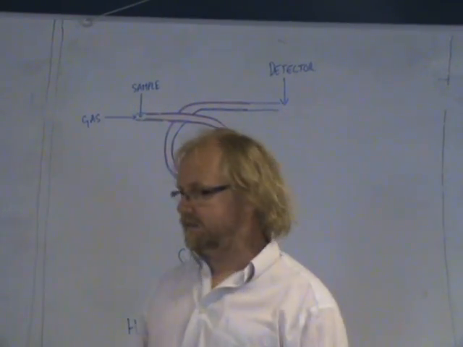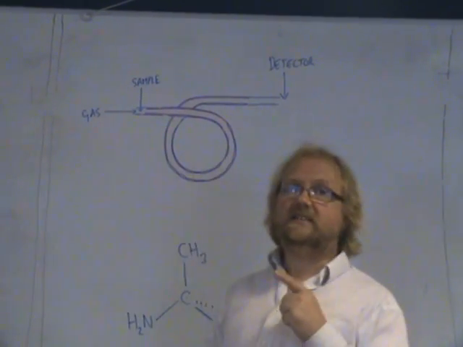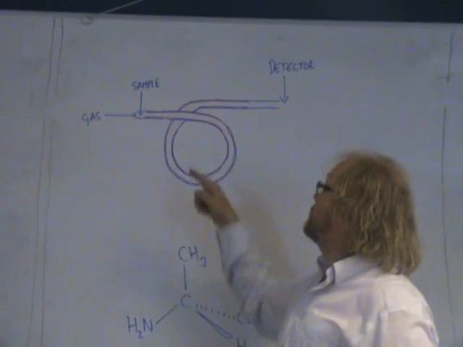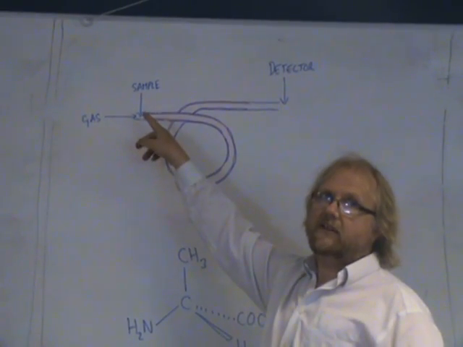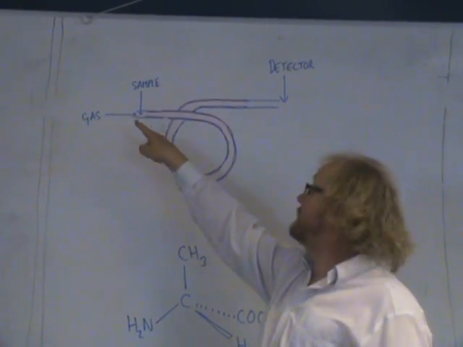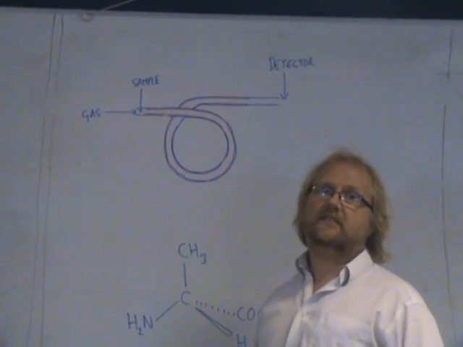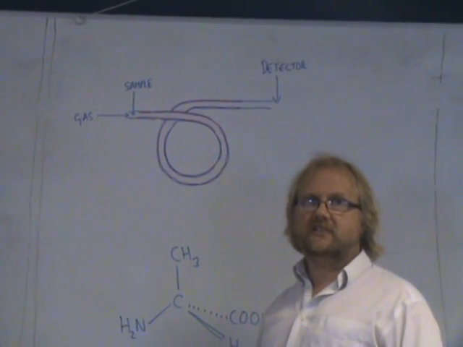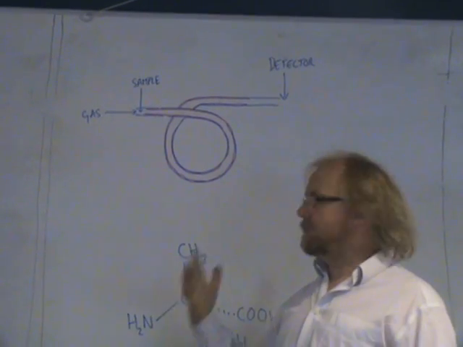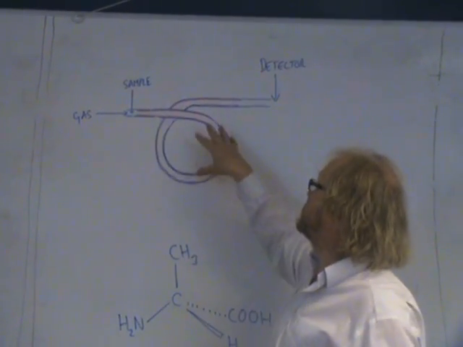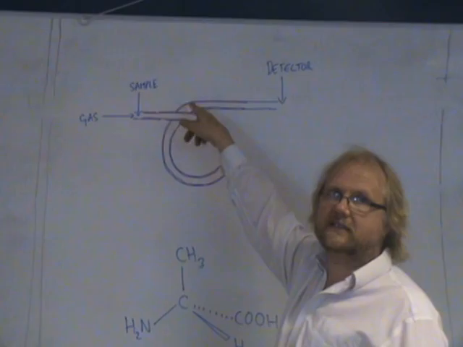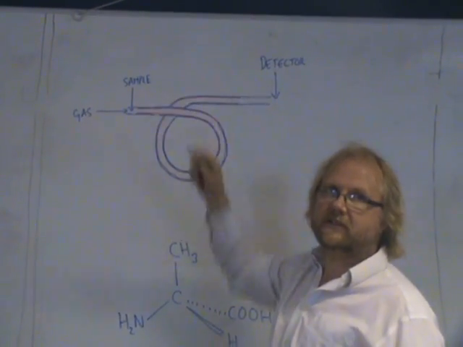So the two factors that you need to talk about are, first of all, that the more soluble the amino acid is in the liquid that lines the column, the longer its retention time will be. Okay, the more soluble it is, the more likely it is to get slowed down by lingering in the liquid phase there. So more soluble, longer retention time.